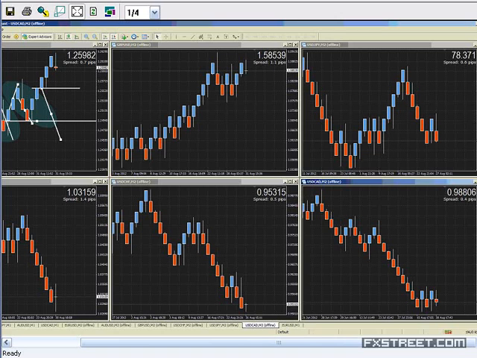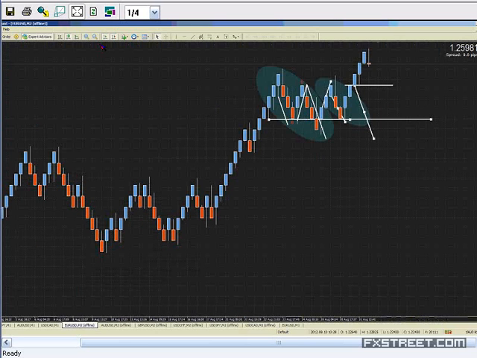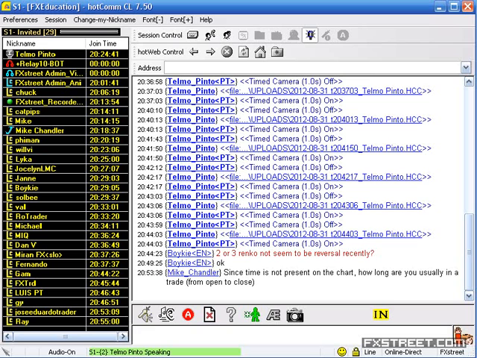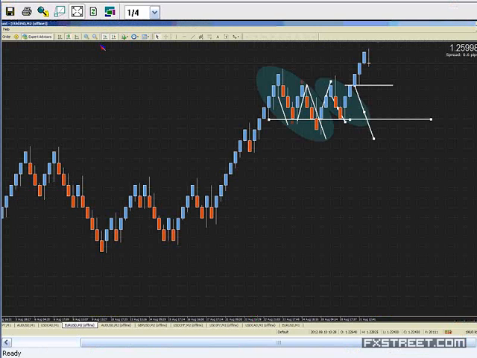Okay, Mike, since time is not present on the chart, how are you using the time? Well, that really depends. It can go from 10 minutes or so to 2 or 3 days, because Renko bars don't show the time.